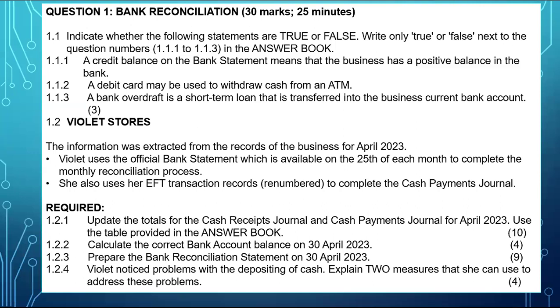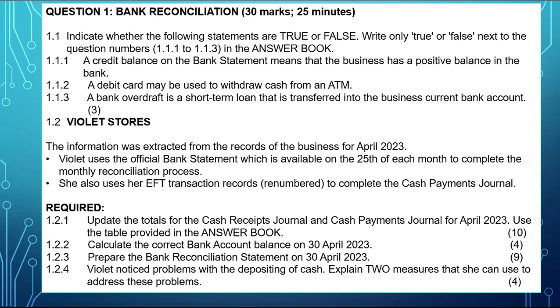1.1.1. A credit balance on the bank statement means that the business has a positive balance in the bank. You need to know the relationship between the bank and the business.